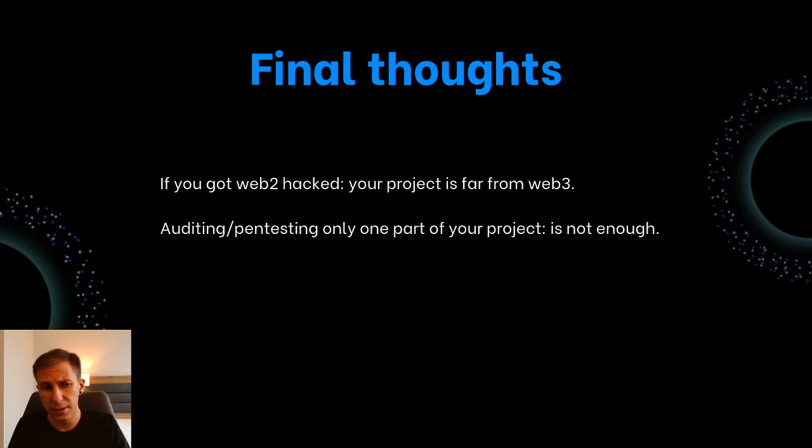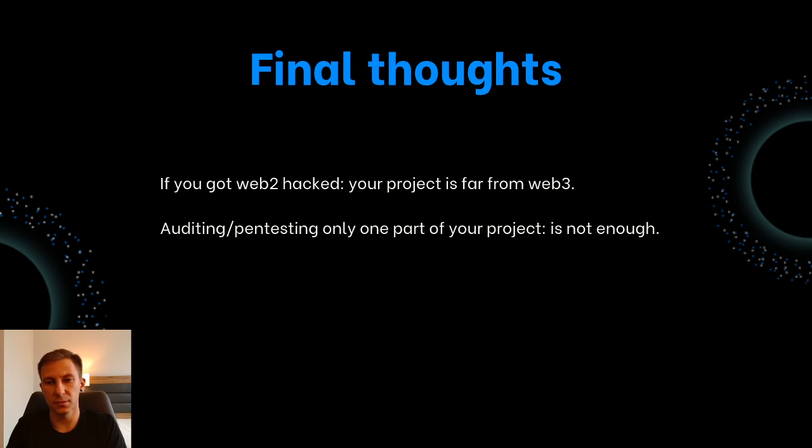So these are the final thoughts which I prepared for you. Basically, auditing and pen testing in itself is not enough if you just do it in a specific part of your system. It's a really typical issue which you see in most of the projects, that they only request an audit for the smart contract.